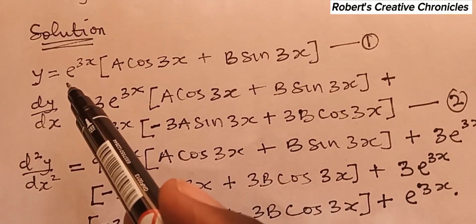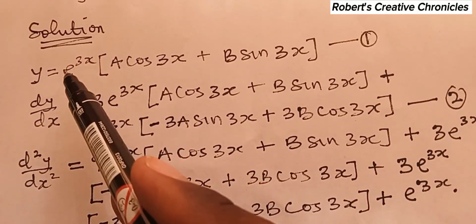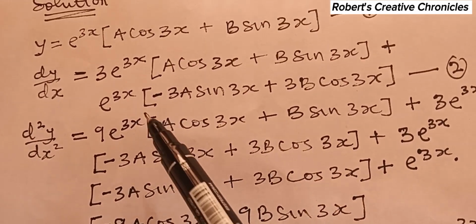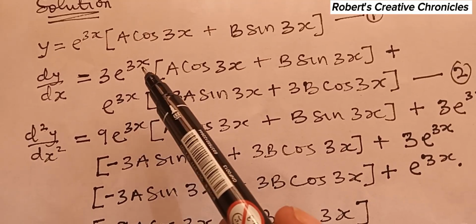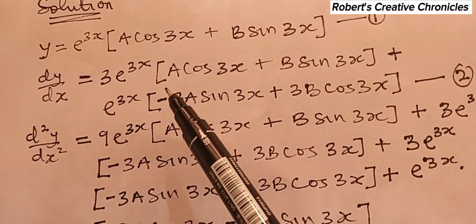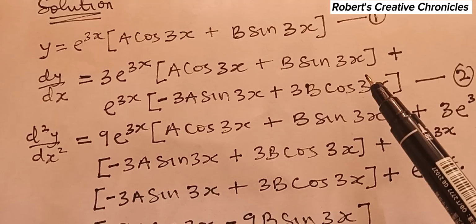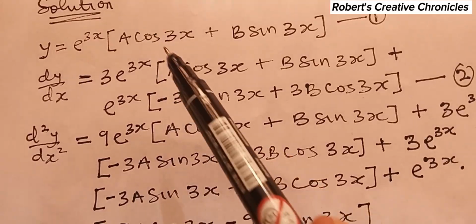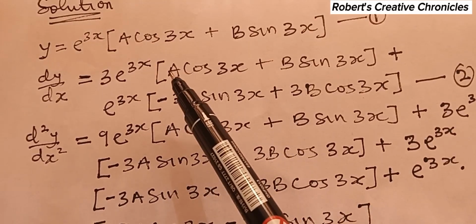From equation 1, we know that y is this. So e^(3x)(a cos 3x + b sin 3x) is the same thing as y. So anywhere we see this, we put y.